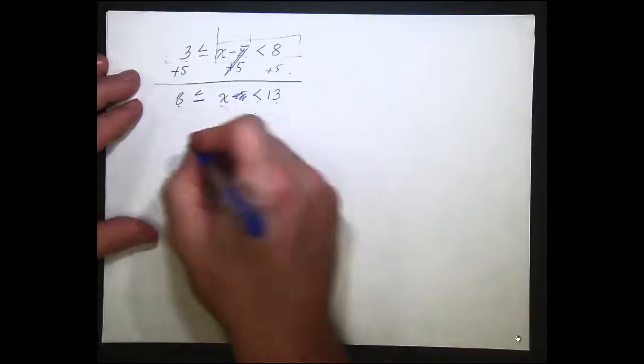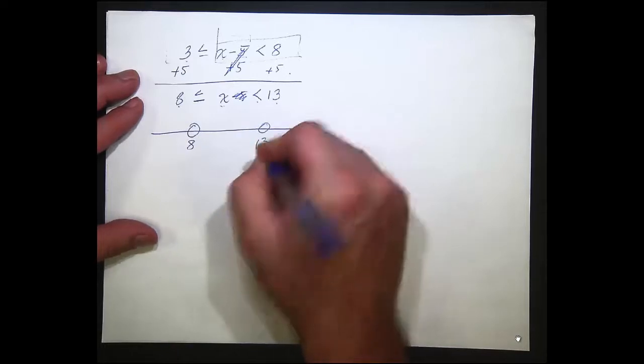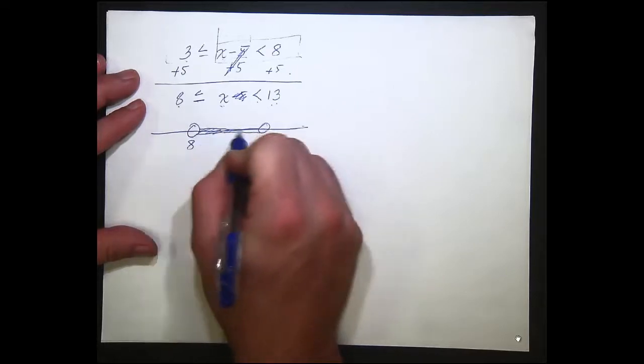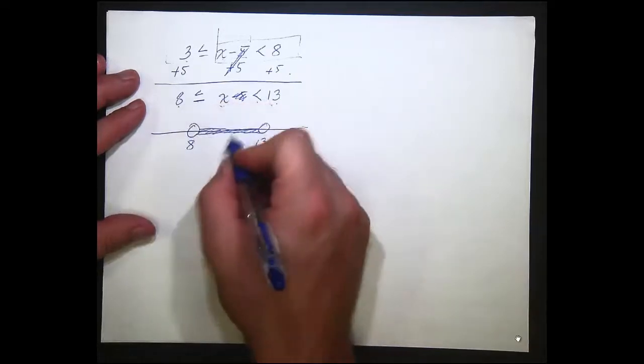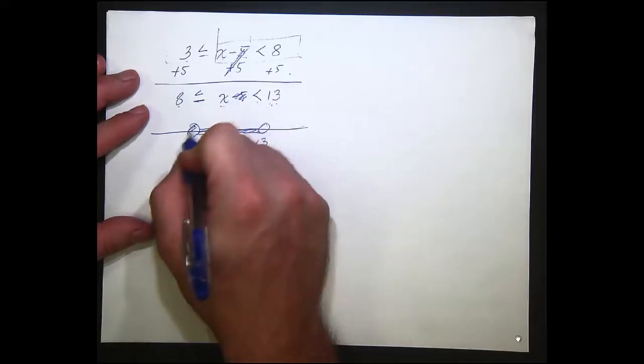So a number that is bigger than or equal to 8, here's 8, here's 13, and simultaneously less than 13 would be somewhere in here. Lots of numbers meet these two conditions, like the number 10. But this condition includes that we can be equal to.